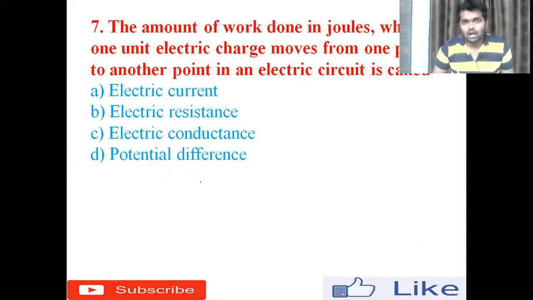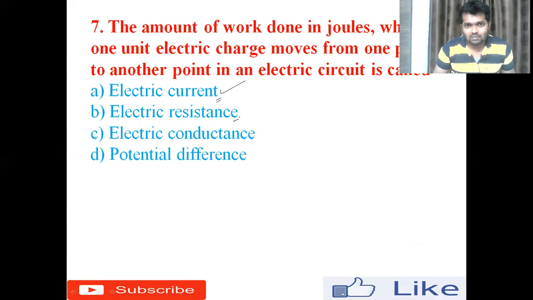Seventh question, the amount of work done in joules when 1 unit of electric charge moves from one point to another point in an electric circuit is called. Okay, option A, electric current, we have discussed. The rate of flow of charges is called electric current.